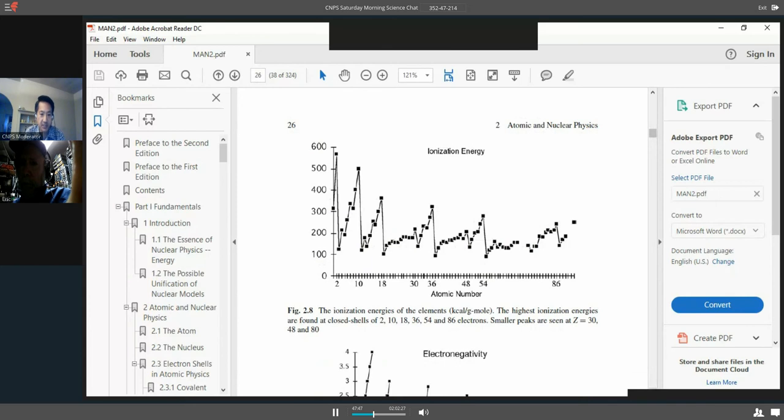The ionization energy is the amount of energy it takes to remove a particular electron from a large enough atom. So we can see that the maximum, the hardest electrons to remove, look like the ones from a Noble element.